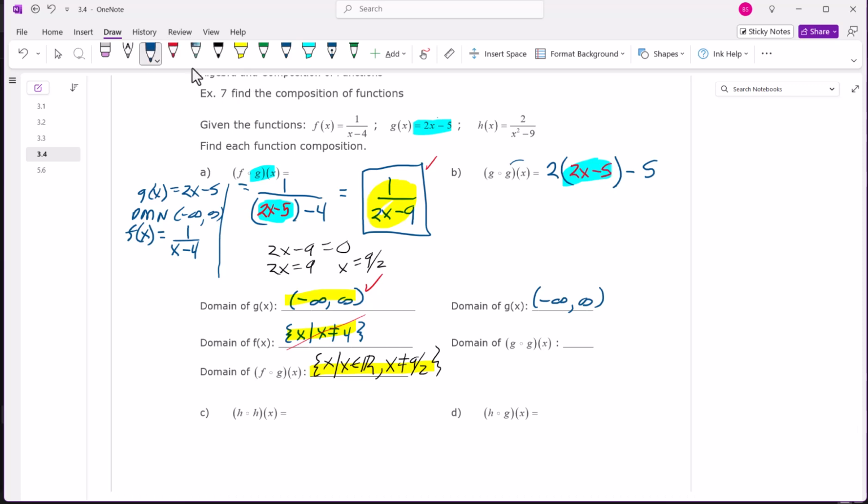Okay, and then we work this out, so we would have 4x minus 10 minus 5, so that would end up giving you 4x minus 15. So that's how that goes. And then the domain of the result is still all real numbers.